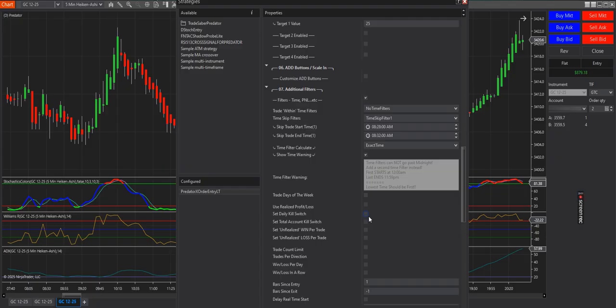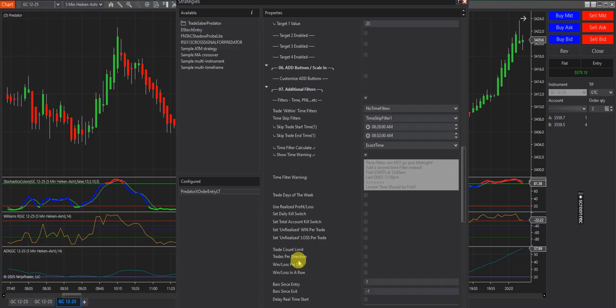That's it. You have also unrealized win per trade, unrealized loss per trade. You can set that. You can also set trade count limits. So if you want to trade only 5 times per day, you can set that.